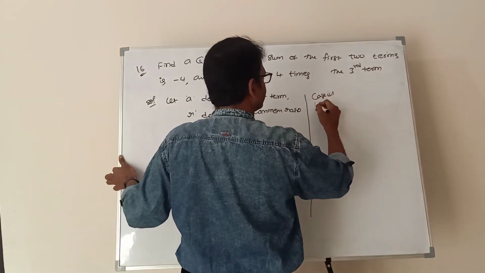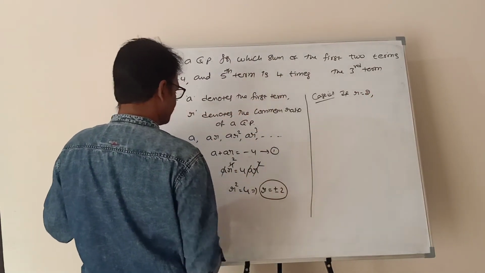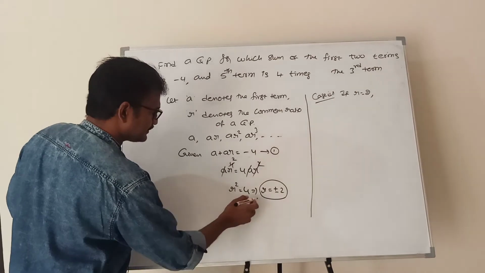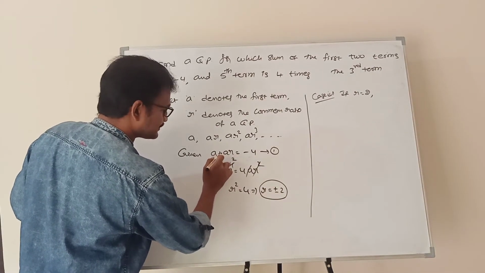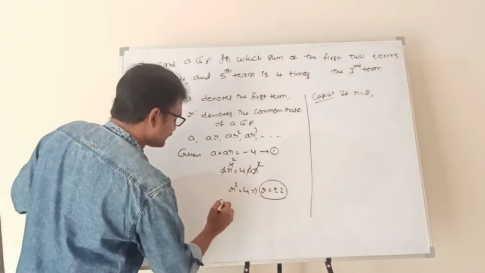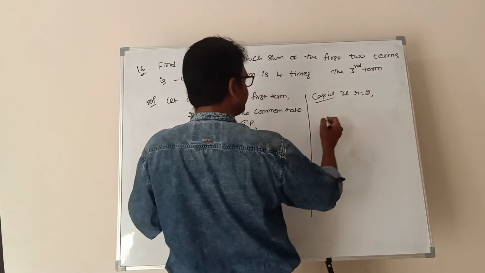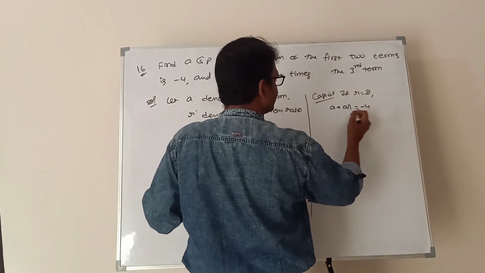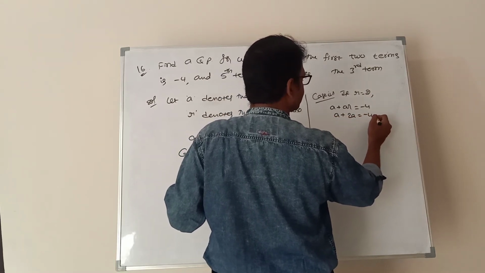Case 1: if R is equal to plus 2. If you know R, you can find the A value. If R is 2, A plus AR is equal to minus 4, so A plus 2A is equal to minus 4.